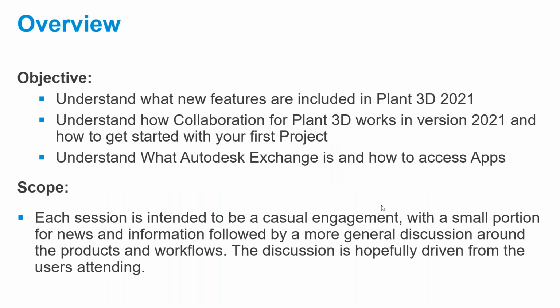We're going to be going through the objectives here: to understand the new features of Plant 2021 that just came out recently, how collaboration works with that cloud collaboration, and then going through Autodesk Exchange. These sessions are intended to be casual engagements. There's a small portion for news and information from Autodesk that we share up front, and then we'll usually go through tips and tricks and workflows, and then we have discussions at the end. And as we go along, you can ask questions at any time.